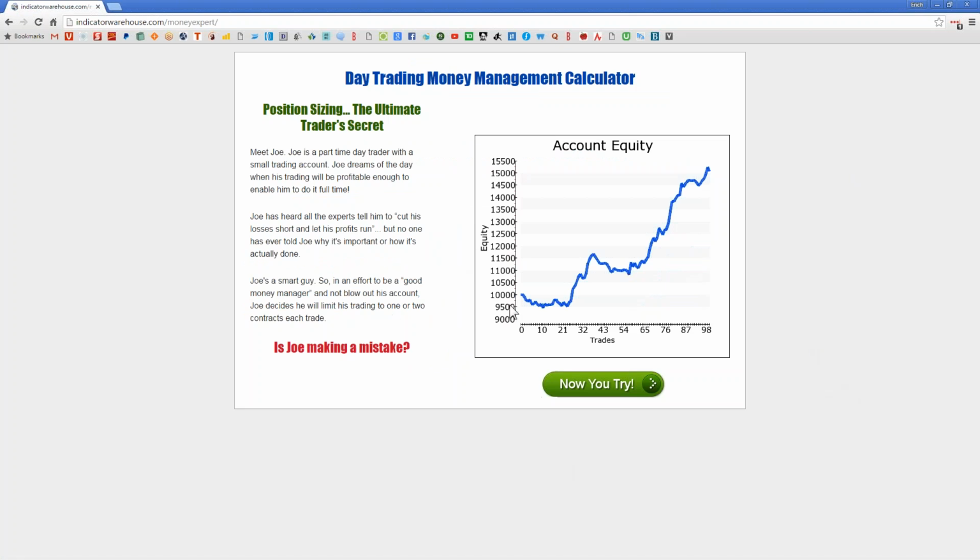The way this works is the results are randomly generated, and they're all what I would refer to as your meat and potato trades. There's no real home run trades here where you get like a $1,000 winner. These are trades where you're going to get a $100 winner, a $300 winner maybe.